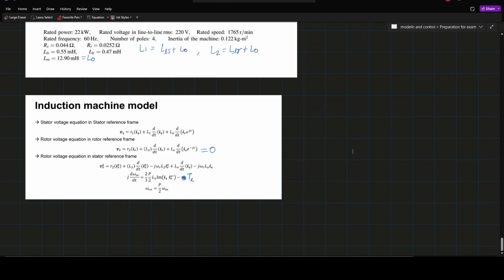Okay, so just a little reminder, when we have IS and VS, this is actually the alpha beta component in our stator, and in the same way IR is our alpha beta component in our rotor, and ISR is our current in our rotor but in our stator reference frame.